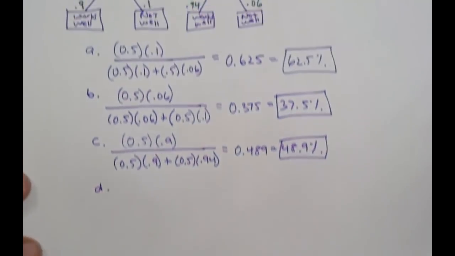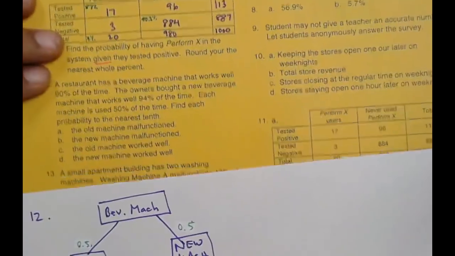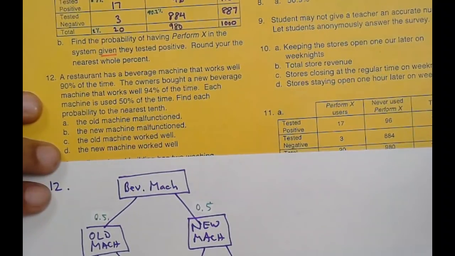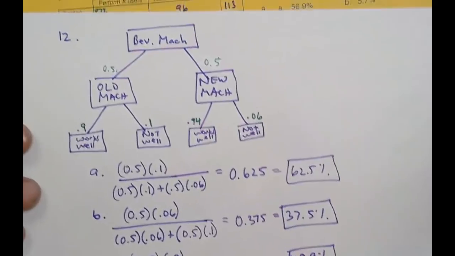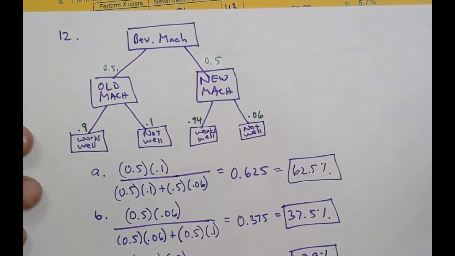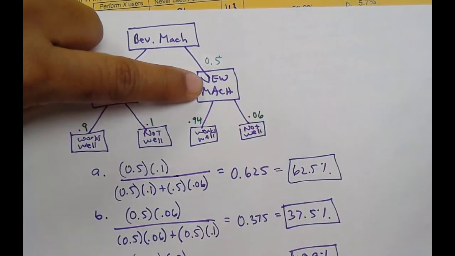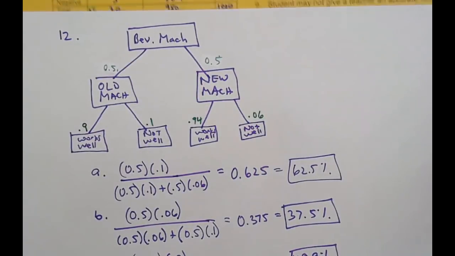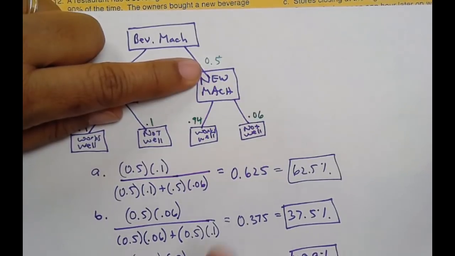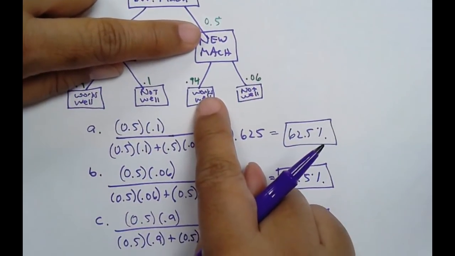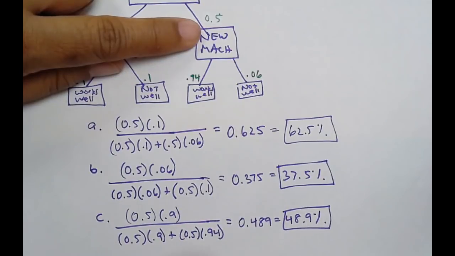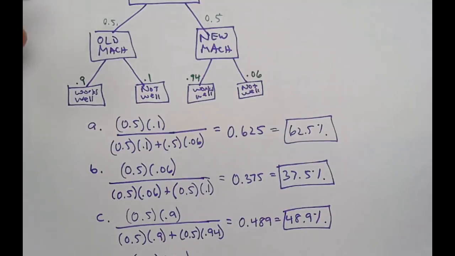And the last one of these is finding out what? The new machine worked well. All right, new machine working well. So let's go ahead and take a look at the new machine working well. I thought that was part C. New machine, yeah, new machine working well. That last one was old machine working well. So new machine and then working well. So 0.5 times 0.94 divided by just working well in general.